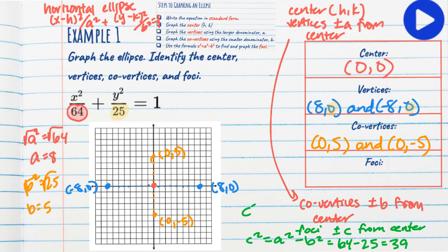So we have c squared equals 39, square root both sides. c equals the square root of 39. If you put the square root of 39 in the calculator, it is about 6.24. So the foci are going to be about 6.24 points away from the center. 1, 2, 3, 4, 5, 6, and then just a little bit more.